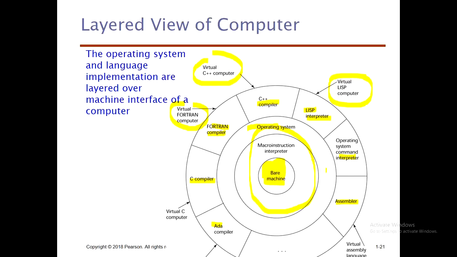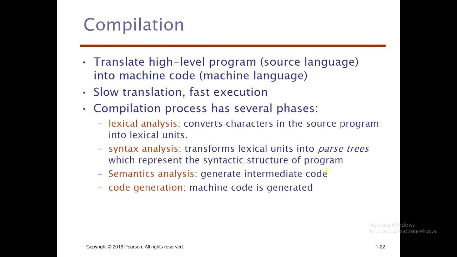Each one installed on your computer has its own program that helps translate the source language into machine language using either a compiler, an interpreter, or an assembler. The compilation process is simply a translation of a high-level programming language, which is a source language, into machine code.